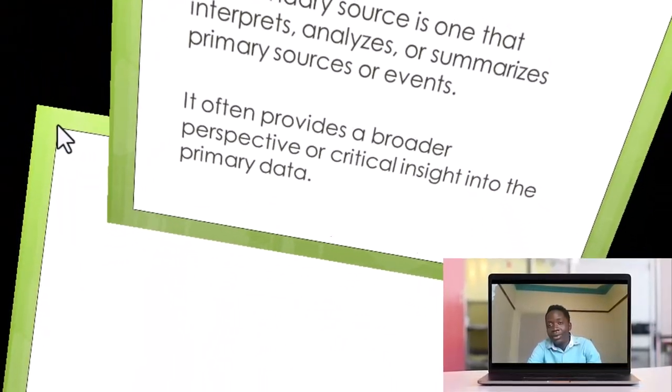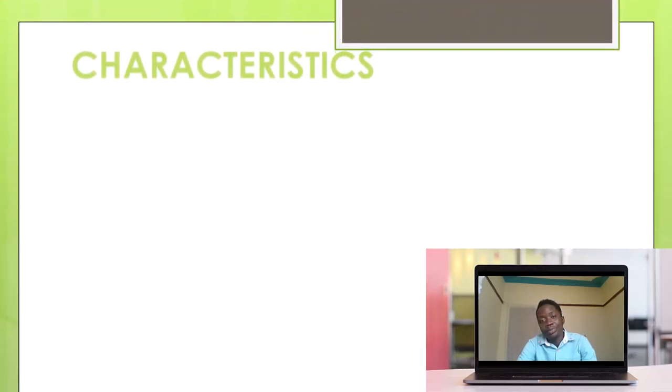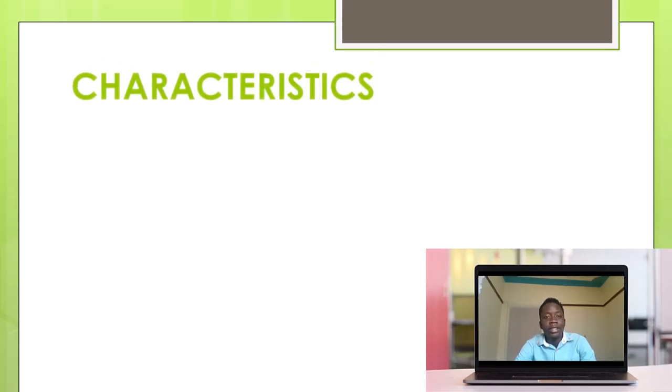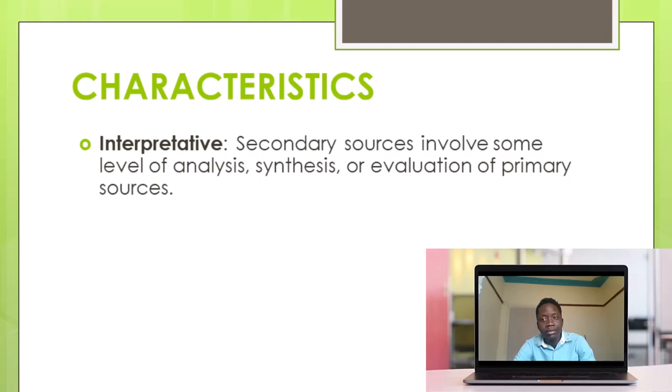That's what the secondary source will tell us more on. So let's now start with the characteristics of the secondary sources of information. What are these specific things that make information a secondary source?